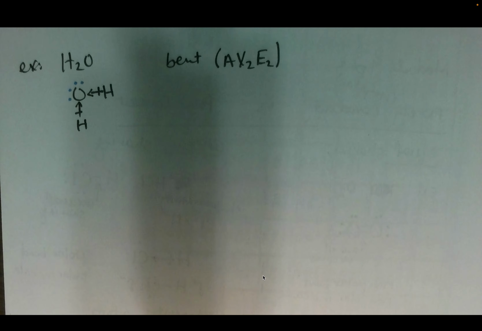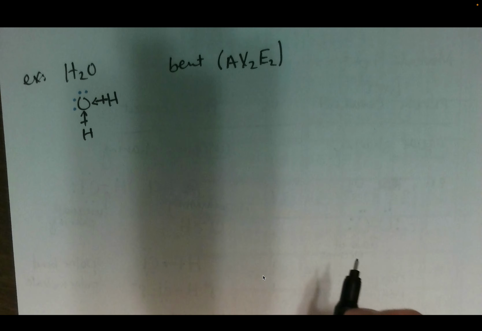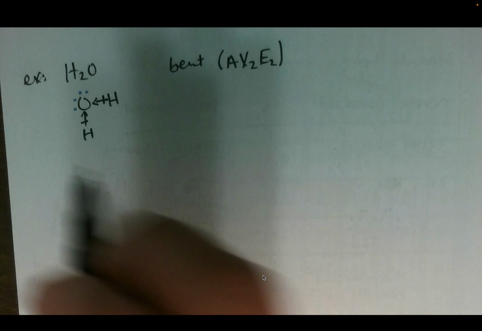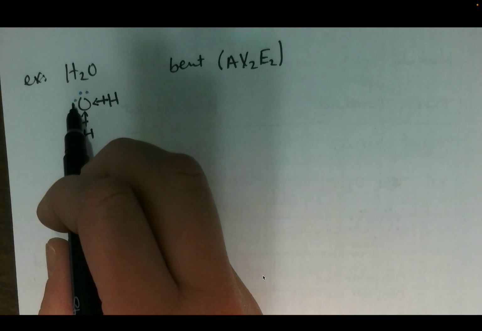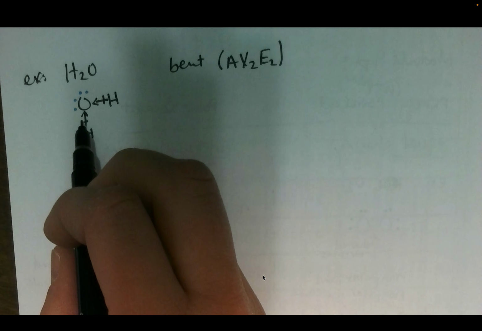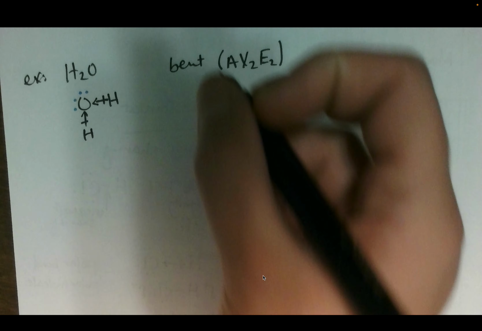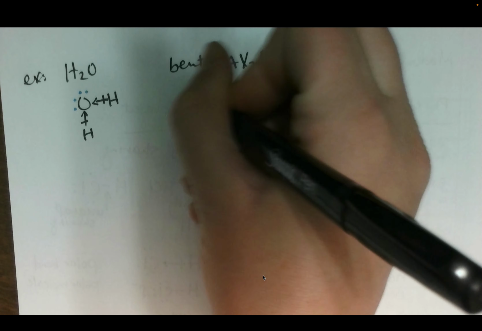Oxygen is definitely more electronegative than hydrogen. Hydrogen has very low electronegativity. So if my electrons are being pulled towards the oxygen and they're in this shape, my pulls are not in opposite directions, so they will not cancel each other out. So I'll draw the molecule again.